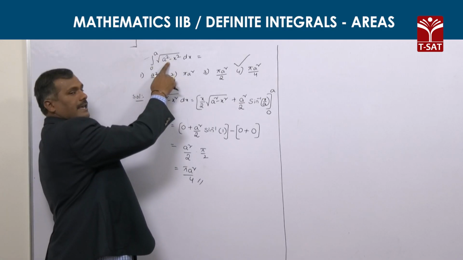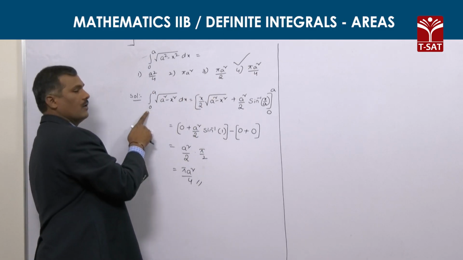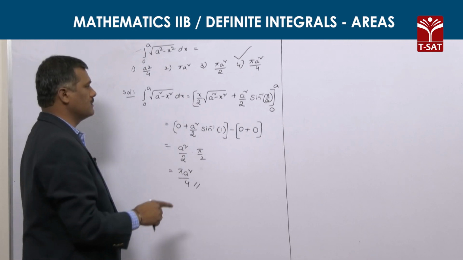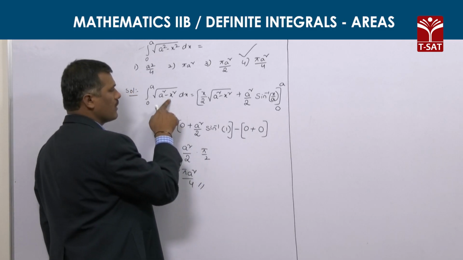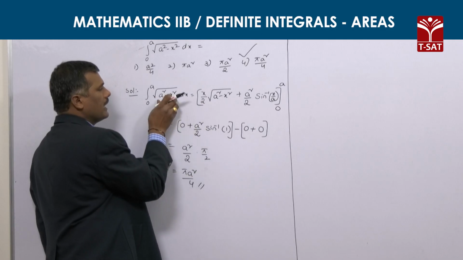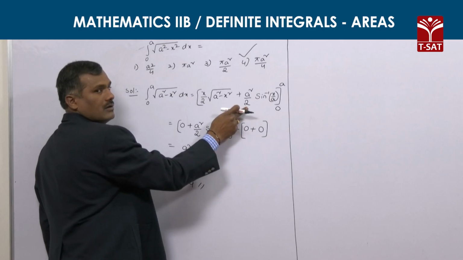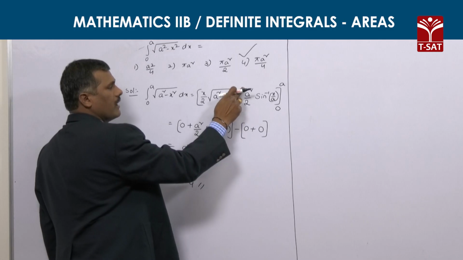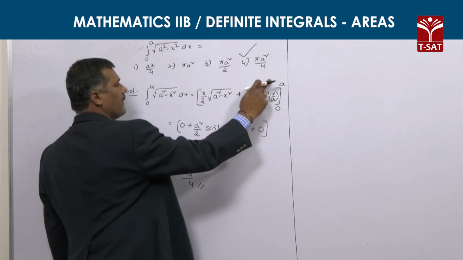The integral from 0 to a of root over a square minus x square dx, and here the options are given. The formula for the integral of root over a square minus x square into dx is x by 2 into the same function, plus a square by 2. A square has a positive sign, that's why a square by 2 into sin inverse of x by a, lower limit 0, upper limit a.